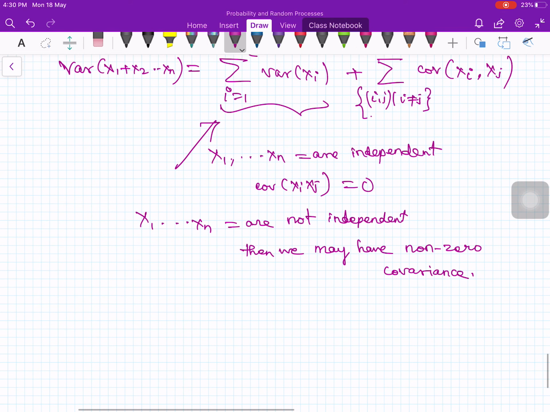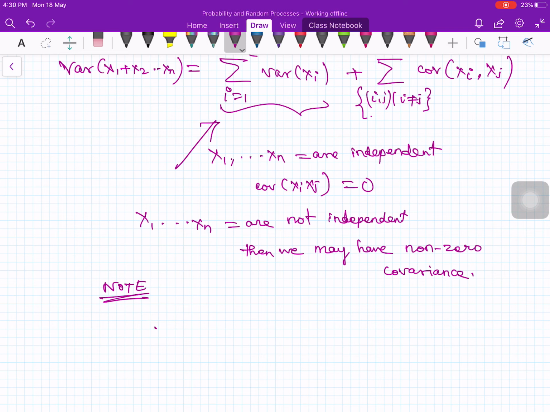And finally, I want to put one note here. This formula is valid for the case where means are 0.